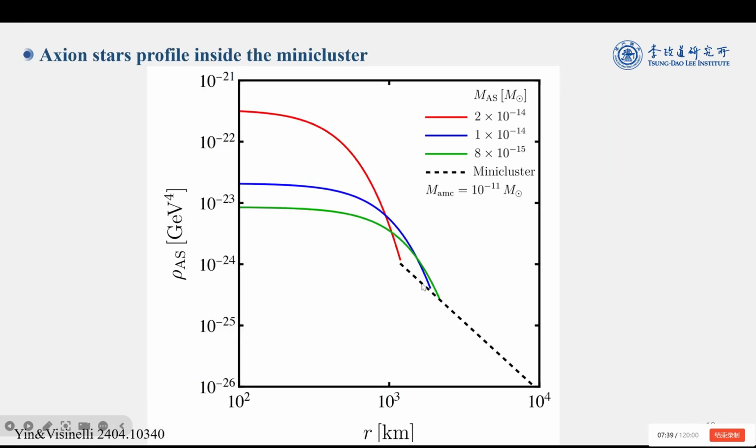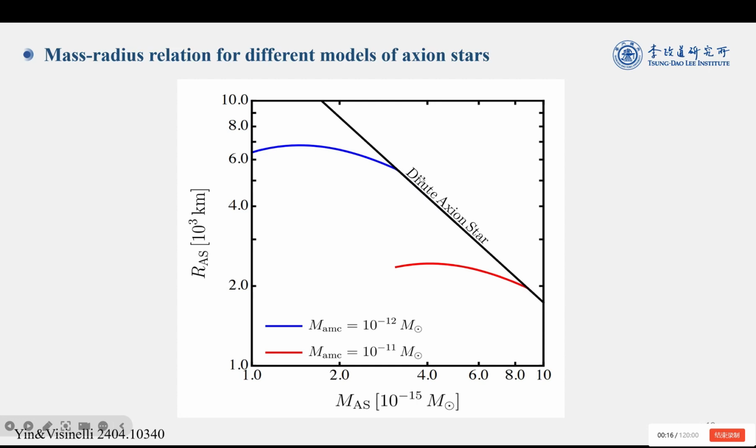Because a large axion star mass corresponds to a larger central density, it will behave as a very overdense object. Then it can ignore the dilute surrounding environment, so it will behave just like the dilute axion star in vacuum.